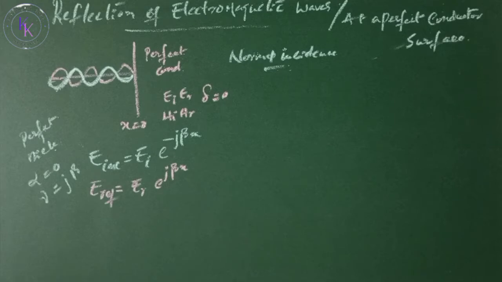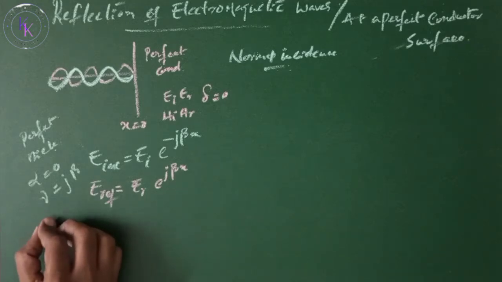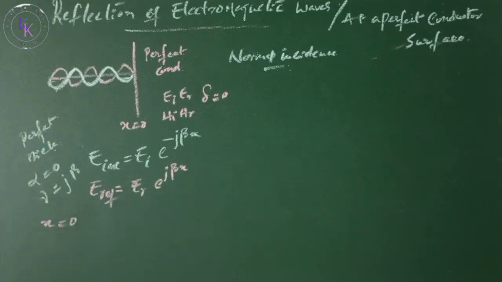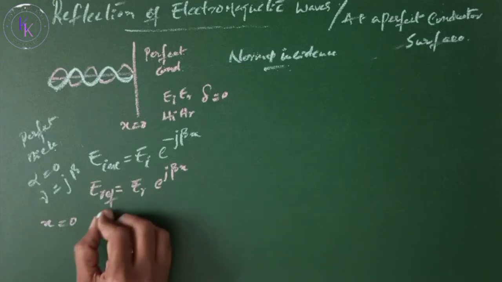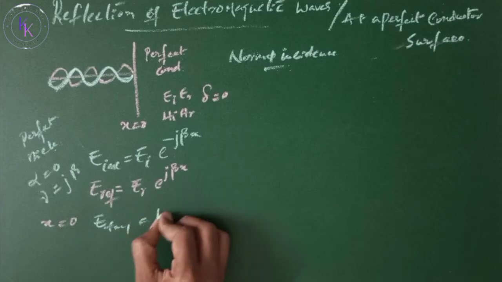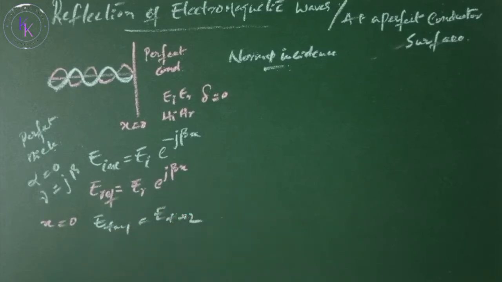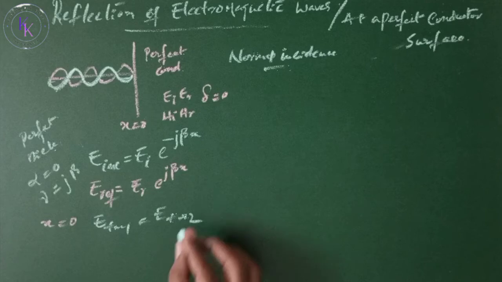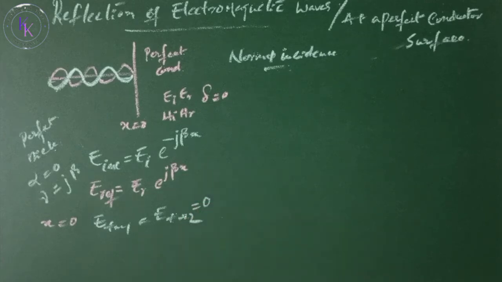At the boundary surface, that is x equals 0, the tangential components of the electric fields are continuous according to the boundary condition, which means E tan 1 equals E tan 2. But inside the second medium, E tan 2 equals 0 because it is a perfect conductor and there can be no electric field within it.